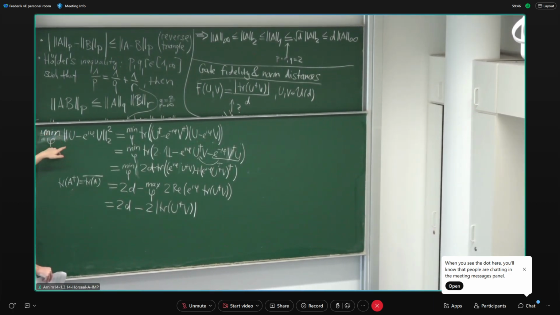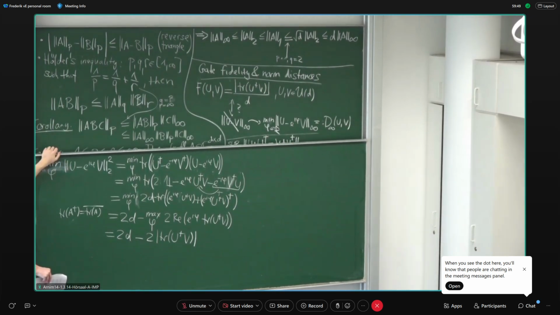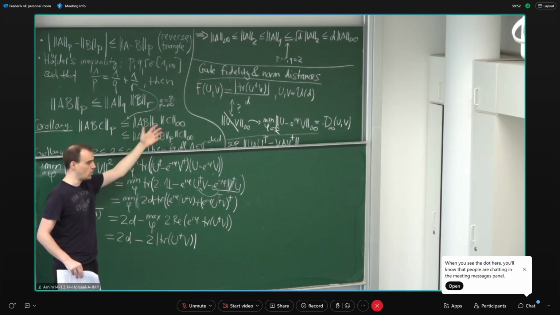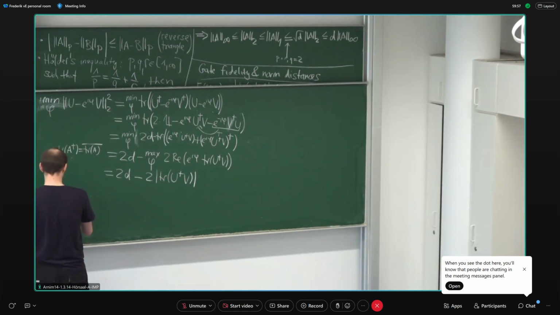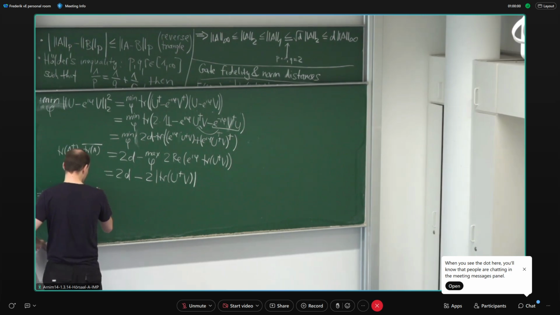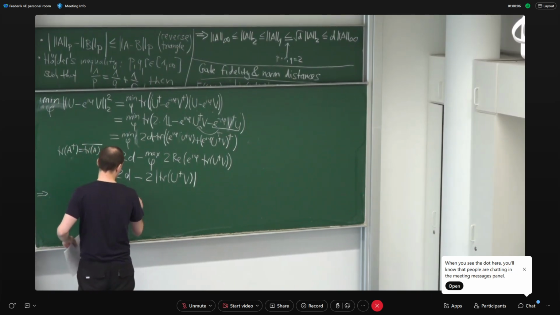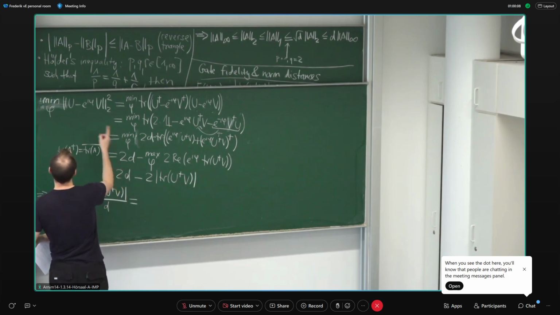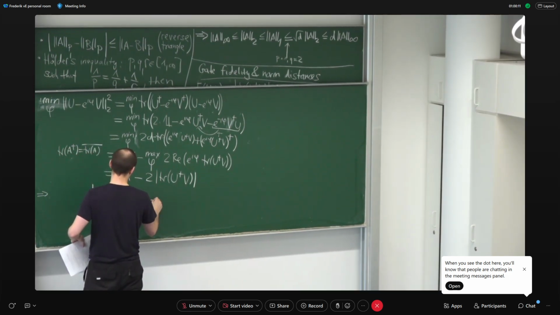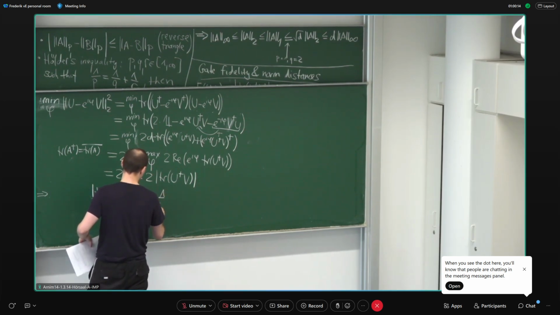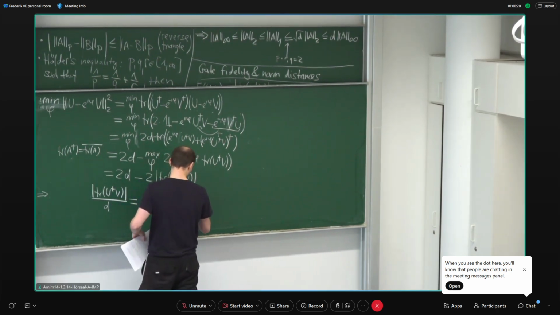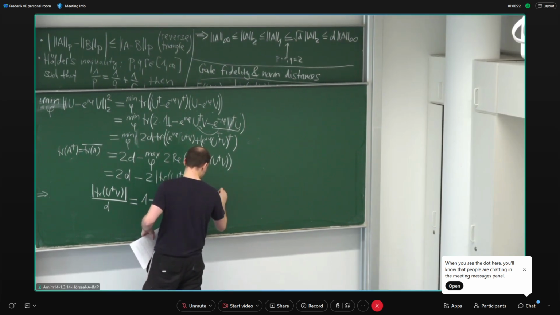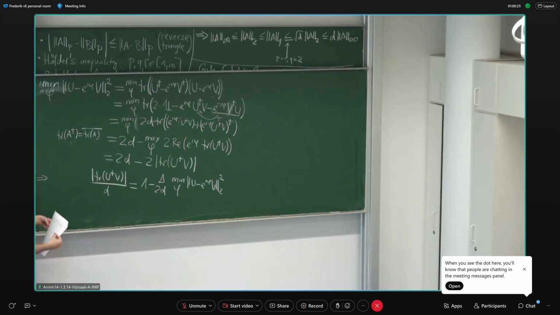Now, the reason this is helpful, of course, is that we already have inequalities between the 2 norm and the operator norm that we can just apply here. So what we'll get is that our fidelity, if we rewrite this, is 1 minus 1 over 2d, and its minimum here. Okay, that's just the thing rearranged.